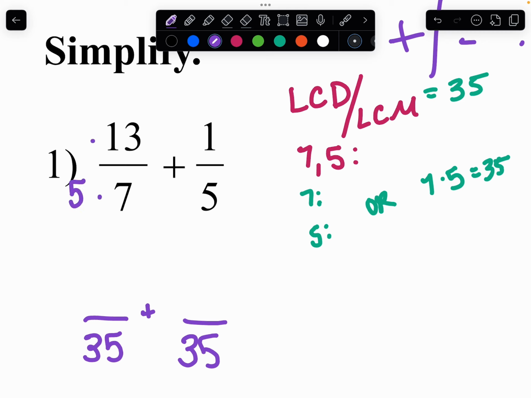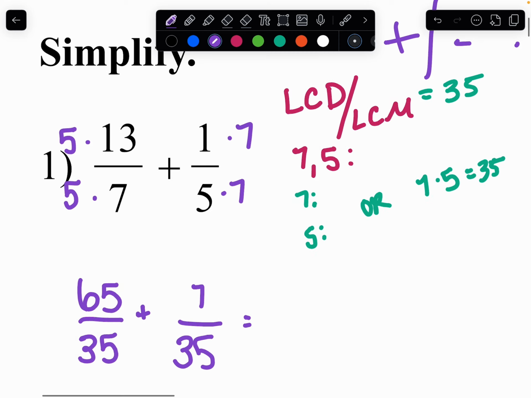5. Now, I'm going to multiply it to the top and to the bottom because it will keep my fraction balanced. So we would get 65 over 35. And then 5 times 7 is 35. And so we're going to multiply it to the top and to the bottom.